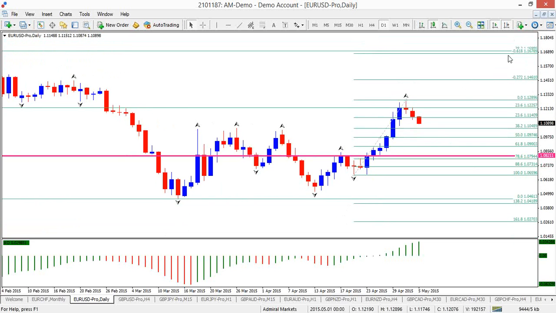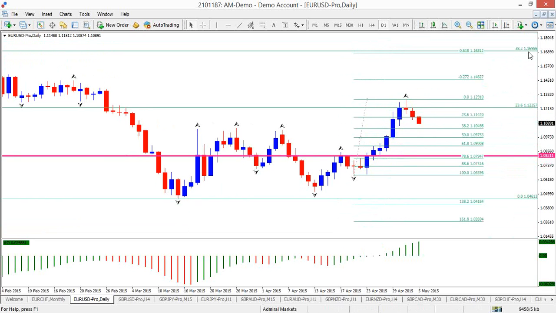We see that the 38.2 fib is right at that level. Same level at 117 roughly, 116.80. So we got confluence between the main target and the 38.2 fib, which then of course would be a strong resistance spot.